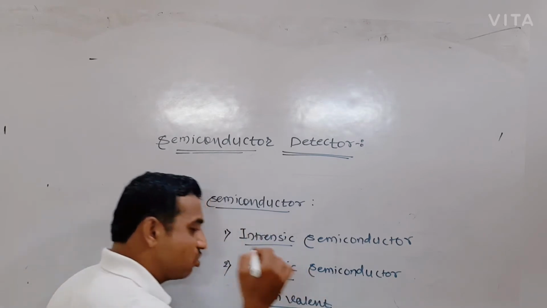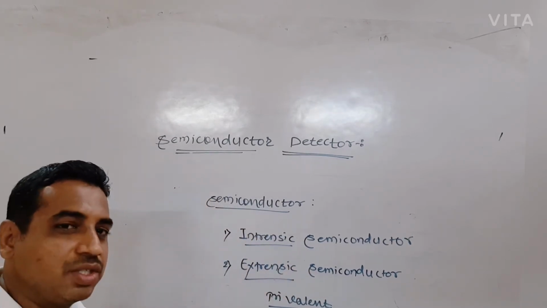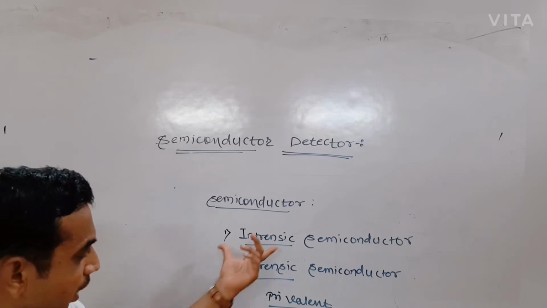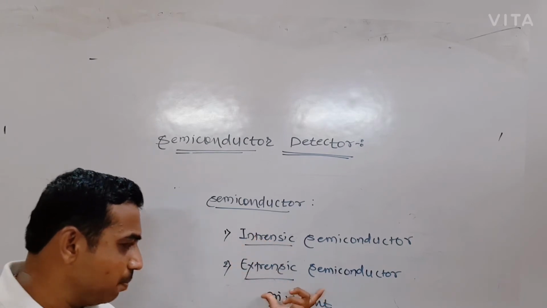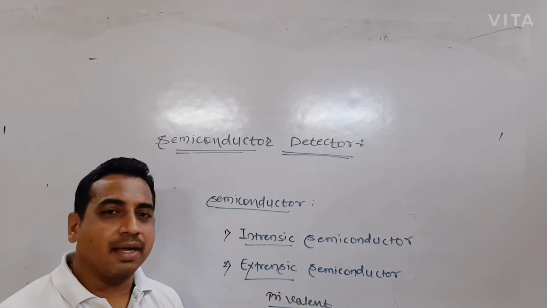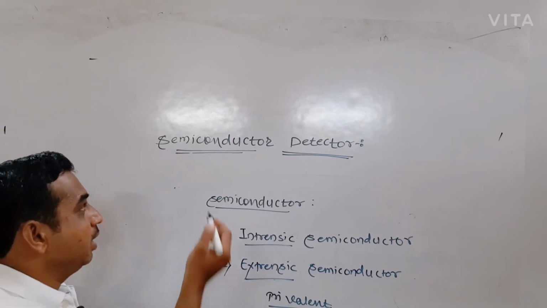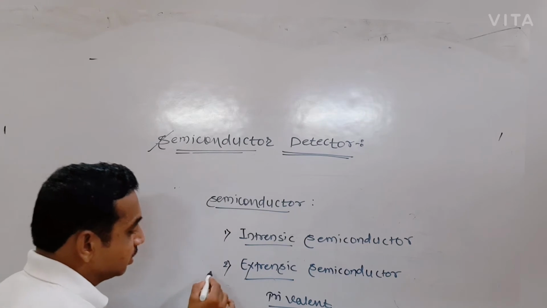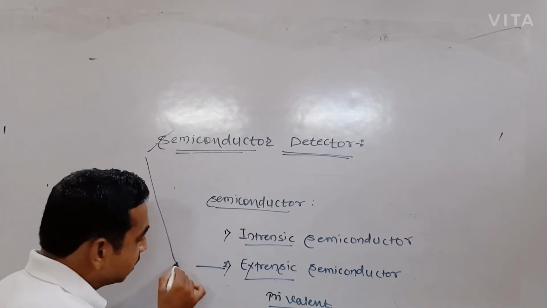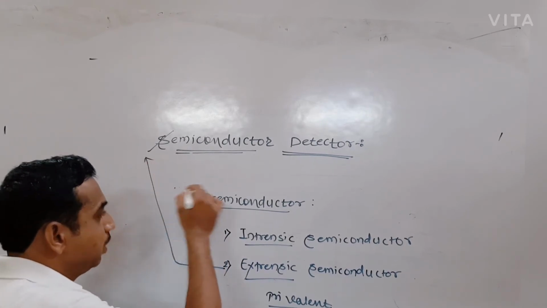These are two kinds of impurities which are used. So when you add any impurity to an intrinsic semiconductor, that is called an extrinsic semiconductor, and in semiconductor detectors we use extrinsic semiconductors.